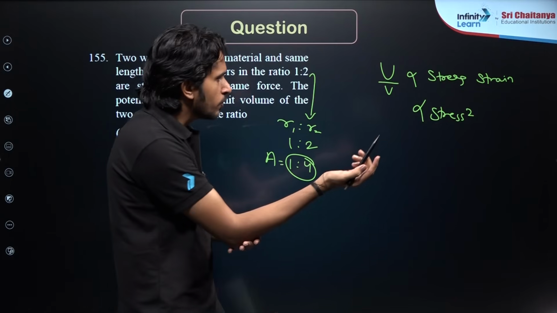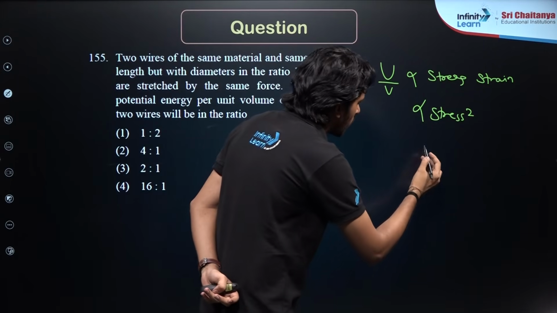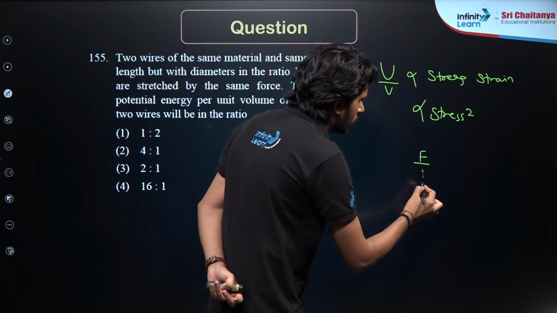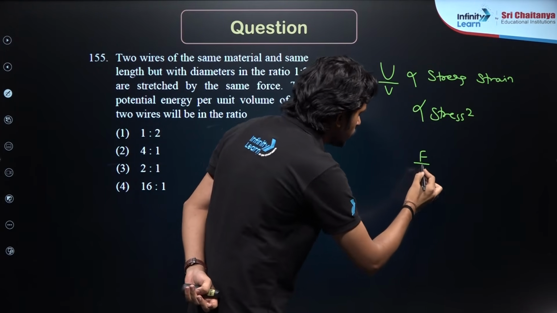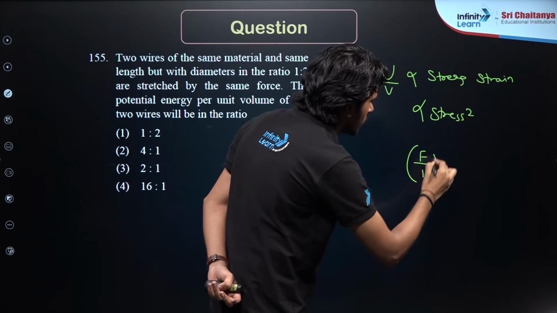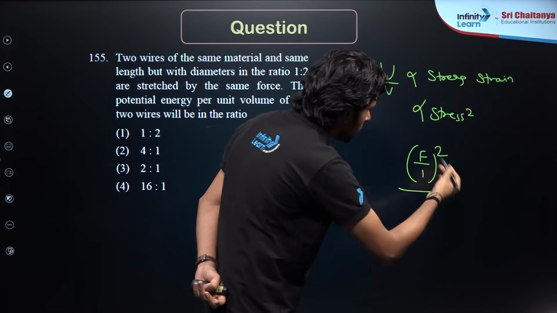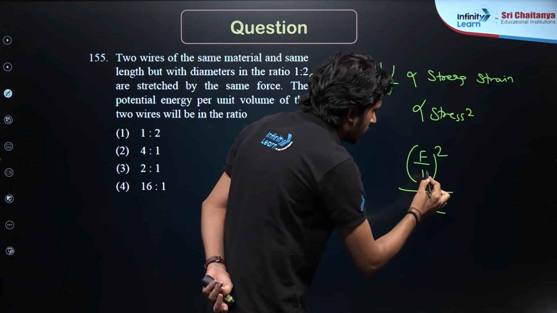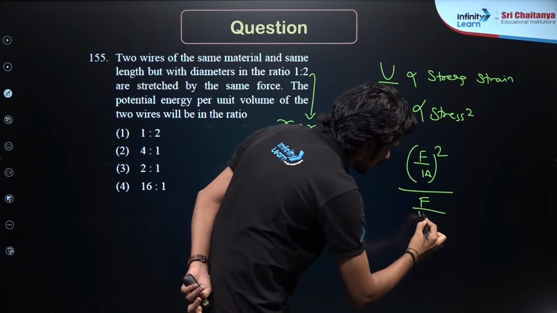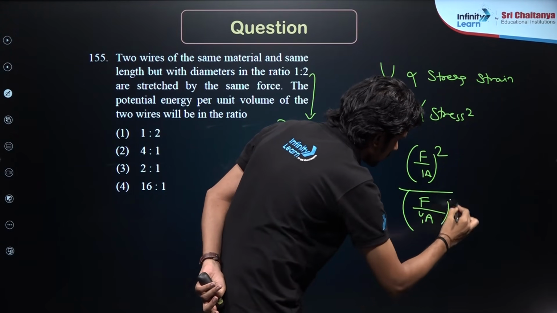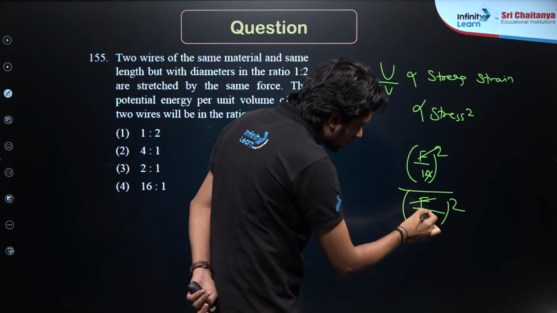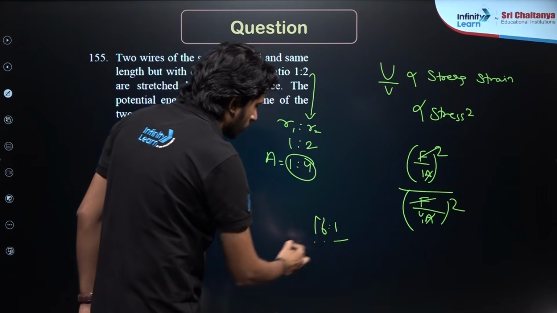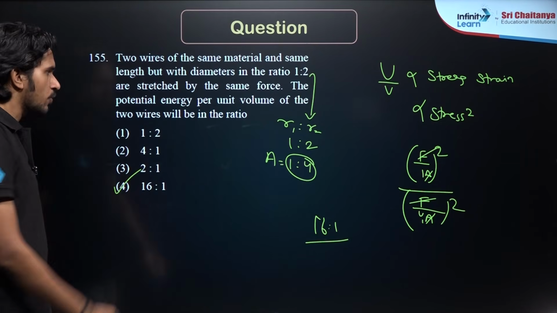And the ratio of squares of stress: you are applying the same force F, so F by A, with initial area A, and we need the square of that, divided by F by 4A. If I am writing it as 1A, that is 4A. Square. F square cancelled out, A square cancelled out, it goes in the numerator, so 16:1. Which option? Option number 4.